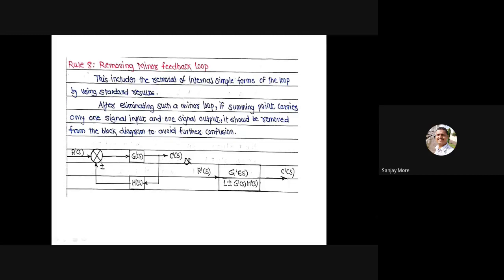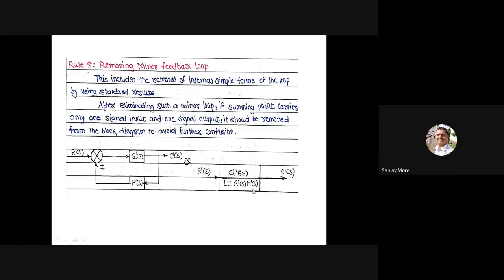Okay, so see the diagram. R of S plus minus G of S, H of S is the feedback, then output C of S. R of S means reference input, C of S means output, and this is the process, this is the feedback process.